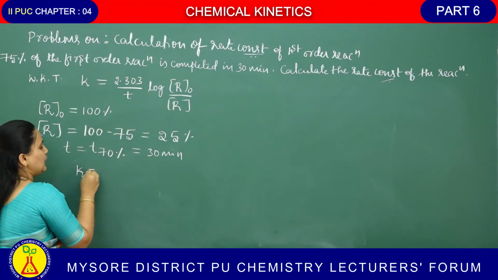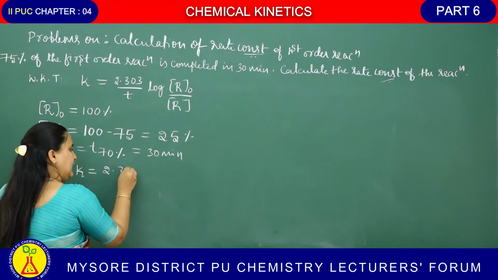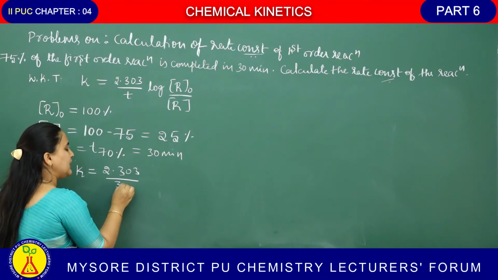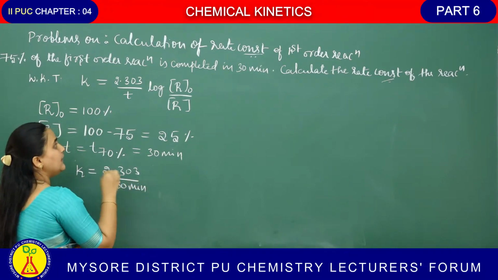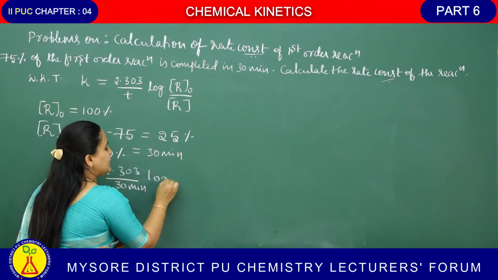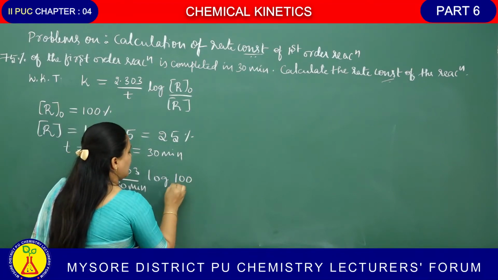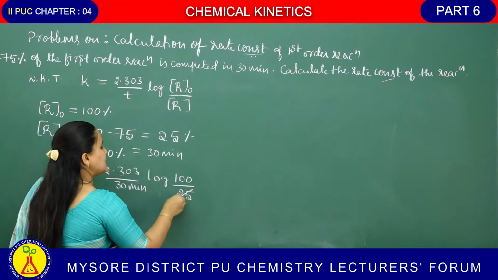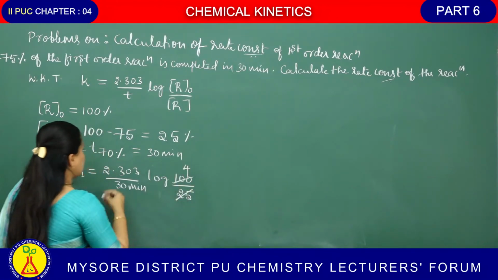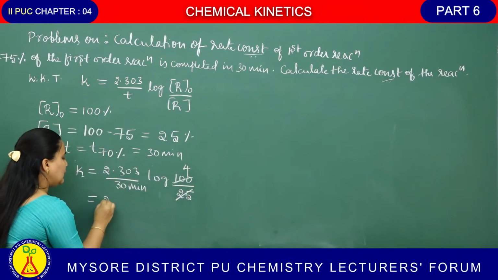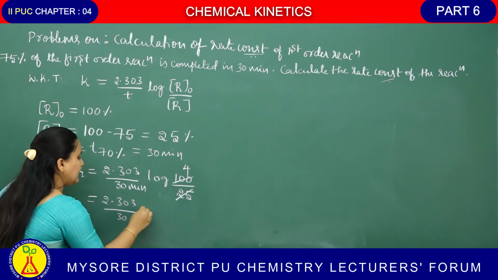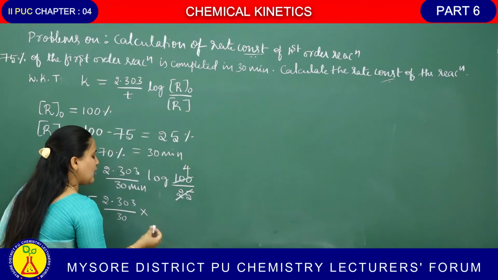K is equal to 2.303 divided by t, which is 30 minutes, log initial concentration 100, final concentration 25. 25 ones are 25, 25 fours are 100, so see the log 4 value. 2.303 divided by 30 into log 4.